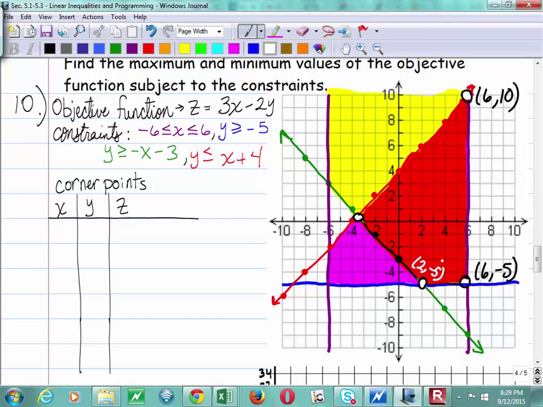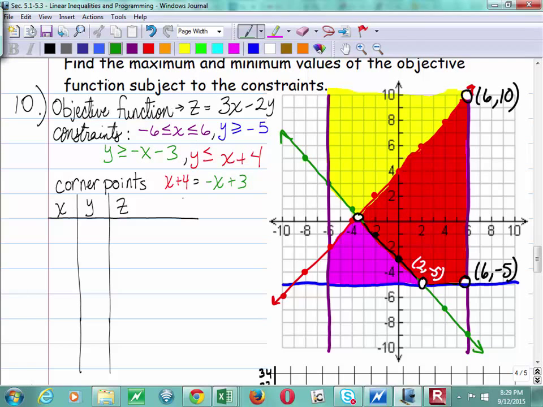And finally, this last one, that's a little bit harder to tell. So, to make sure, I know that that point is at the intersection of the red line and the green line. So what I could do, if I set x plus 4 equal to negative x plus 3, and then I can solve for x to find out the x value at that point.